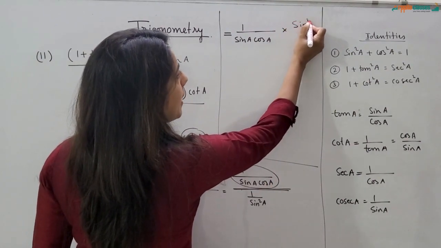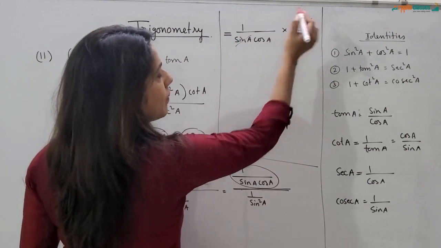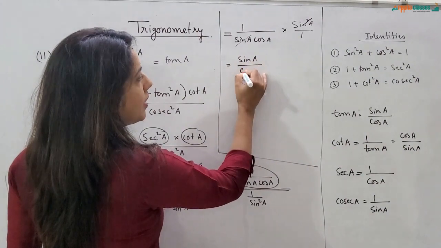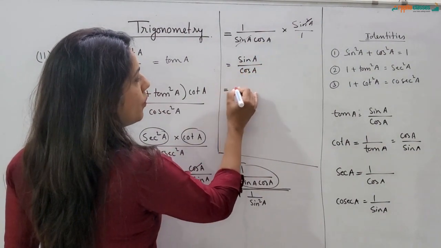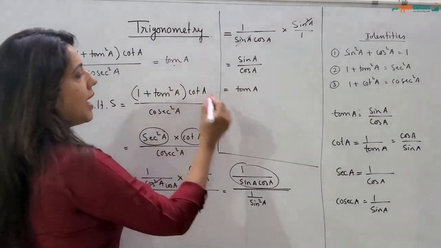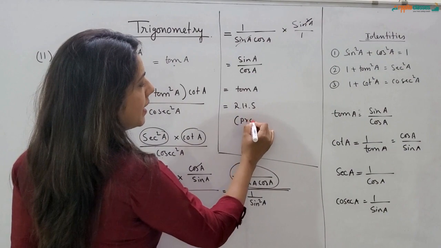So sine square A will go up upon 1. This sine A and this sine square A will get cancelled. So I am getting only sine A in the numerator and cos A at the denominator, which gives you tan A. Now look at your right hand side, we have tan A, so here we can write is equal to right hand side and hence it is proved.